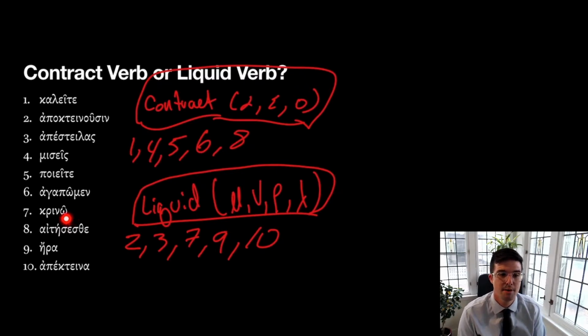So this sigma right here is the sign of the future, and what's happened is the epsilon of iteo has lengthened to an eta with the addition of the sigma there. So no contraction, but it is still a contract verb. So that one might have been confusing as well.